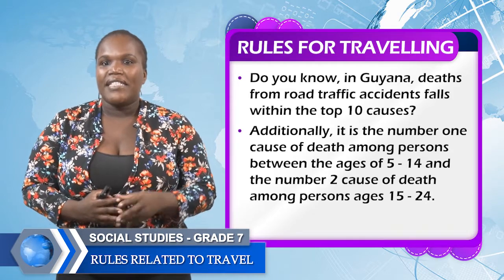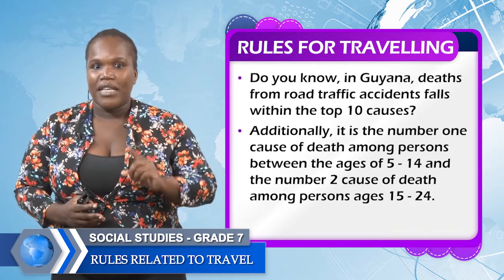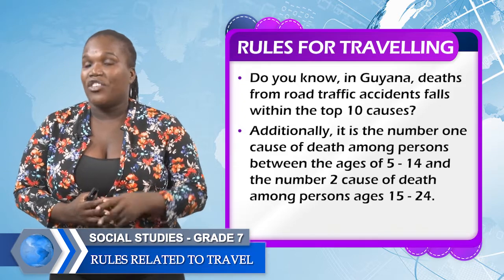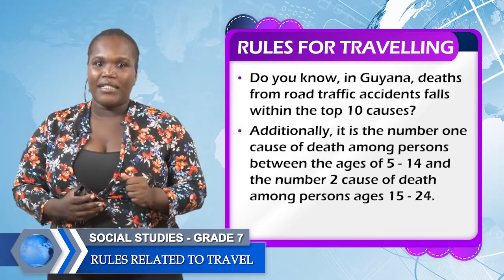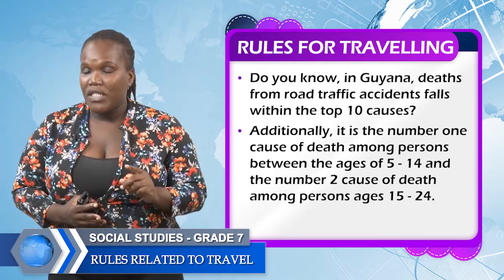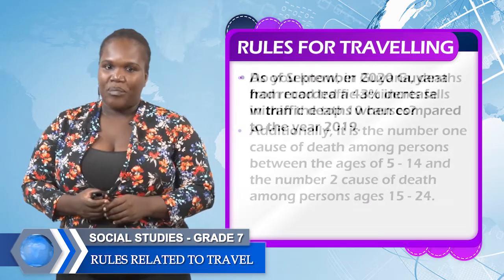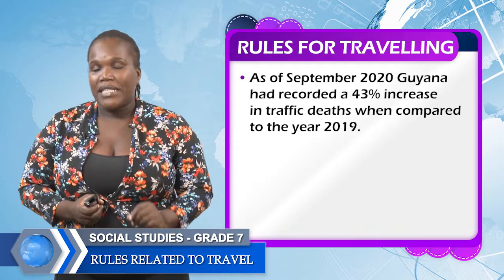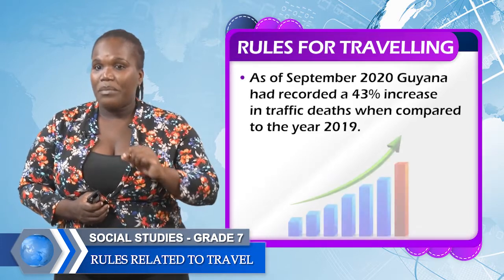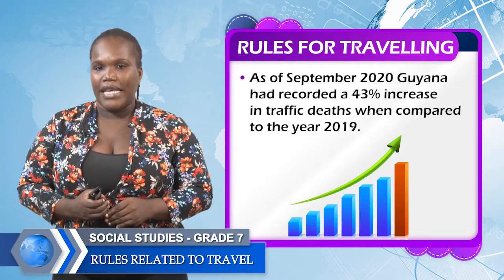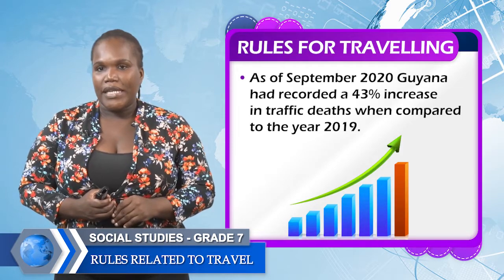Additionally, it is the #1 cause of death among persons between the age of 5 to 14, and the #2 cause of death among persons aged 15 to 24. Also, as of September 2020, Guyana had recorded a 43% increase in traffic deaths when compared to year 2019.